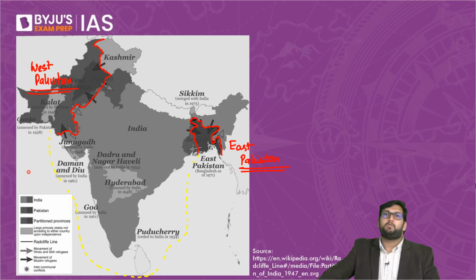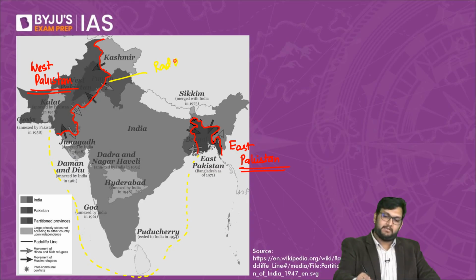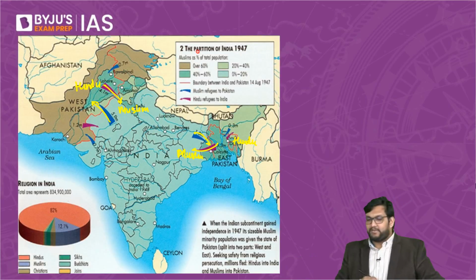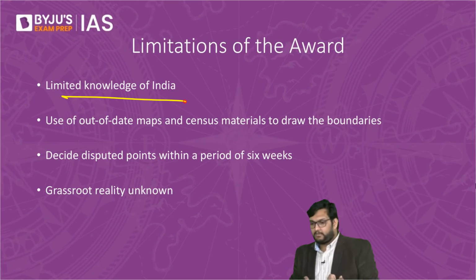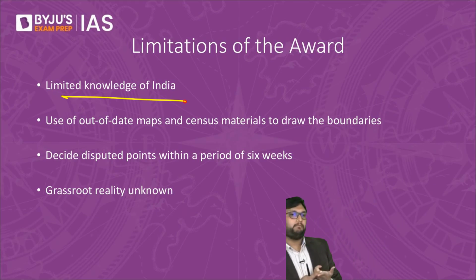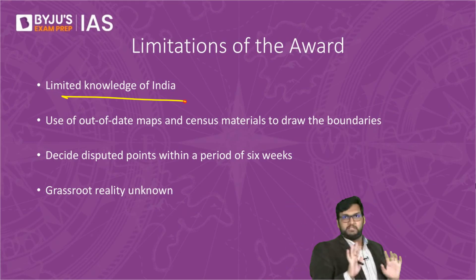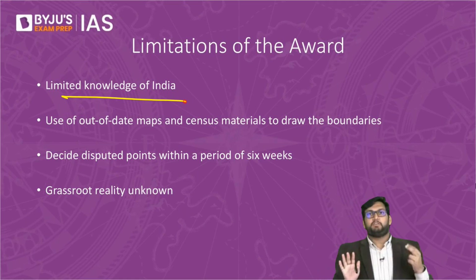Because when we talk about the Radcliffe line, basically, he had no knowledge of India. He had never been to these parts. He was using maps which were outdated.